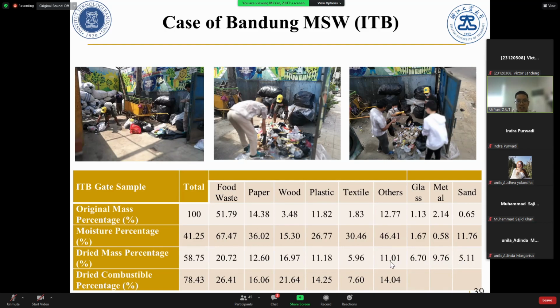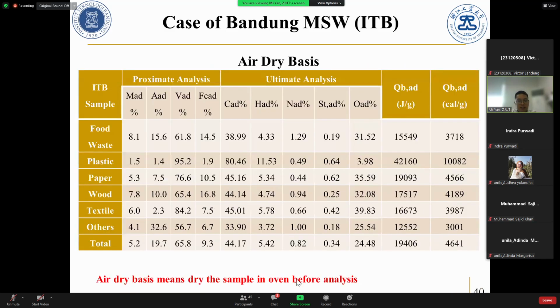You have to mix them back together according to the percentage. And this is the dry combustible, which is also very important. For the real analysis, the sample is used for your equipment analysis, but you have to calculate step by step gradually. And we can get the air dry basis.